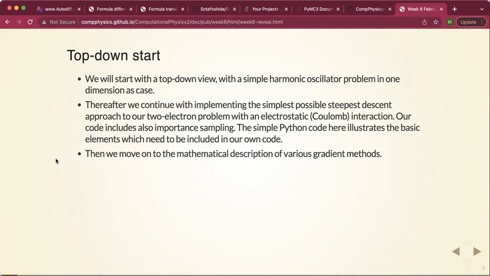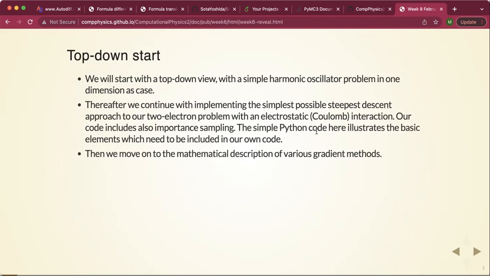The steepest descent method is perhaps one of the simplest possible ones which we can implement, and it's often also called the gradient descent. Sometimes there's a name confusion. The method which you will see implemented is the simplest possible approach, which people normally label as the gradient descent method. And for those of you who have taken a course in machine learning or statistical learning, you have met this method many, many times.